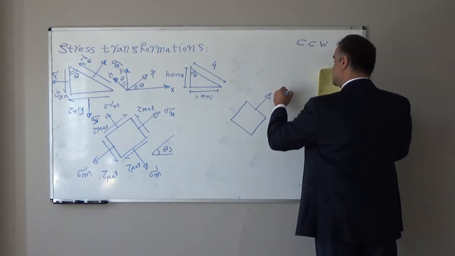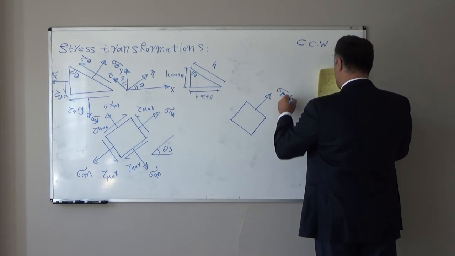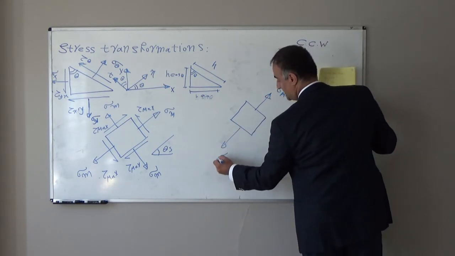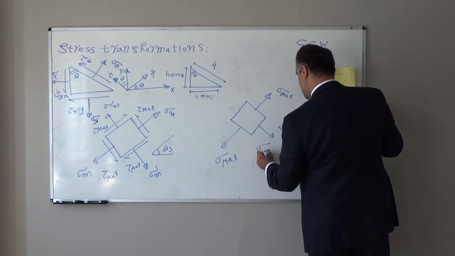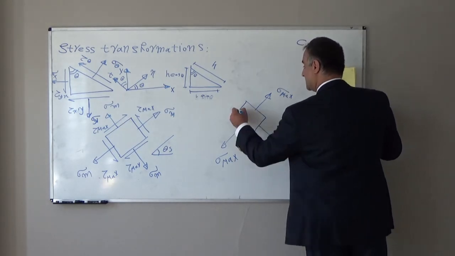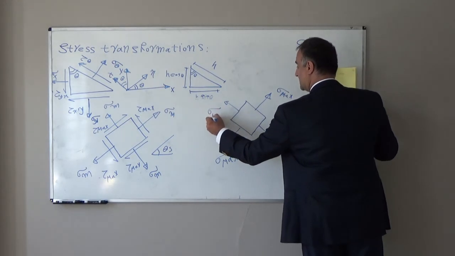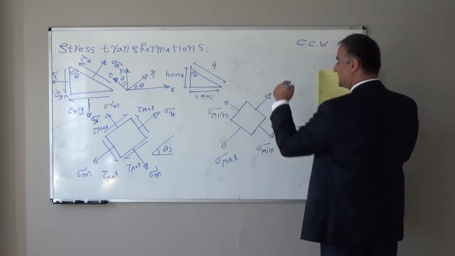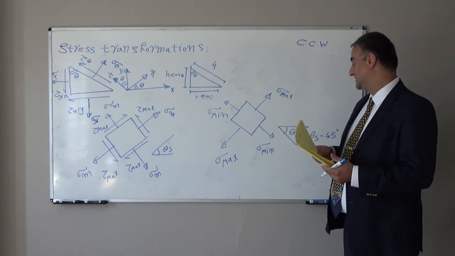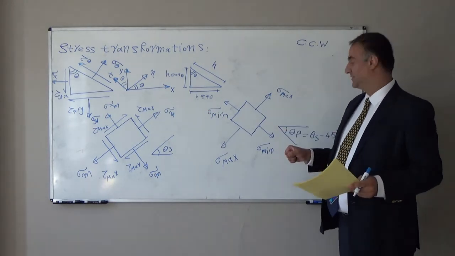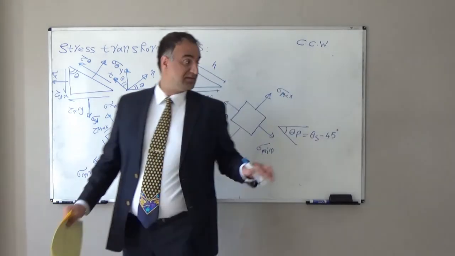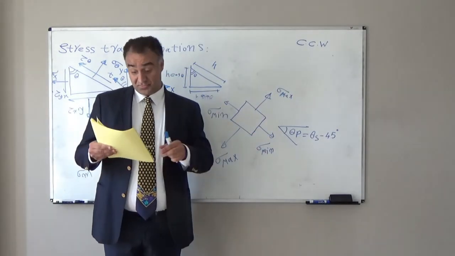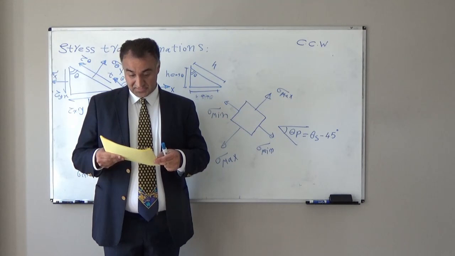This will be sigma max, this will be sigma min and sigma min. In one direction we have maximum normal stress, in another direction we have minimum normal stress, and the shear stress on these faces is equal to 0.